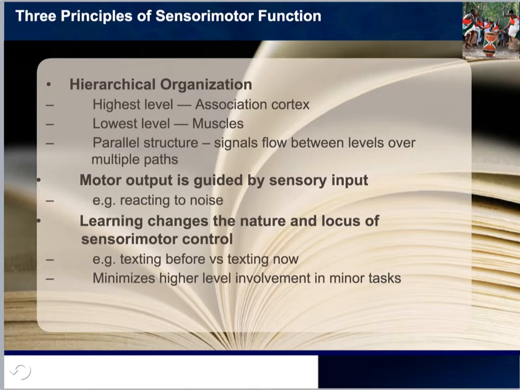It is also important to note that learning changes the nature and locus of sensorimotor control. By locus, we are talking about a particular position, point, or place. Think of the time you began texting, or think of someone that has not texted before, and pay attention to how slow their behavior tends to be.